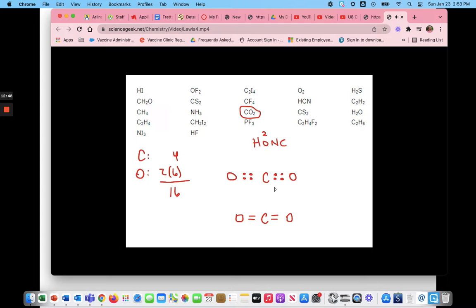Each oxygen in this drawing at this point has only the 4 electrons around it, and so we have to add 2 unshared pairs to each oxygen in order to complete the Lewis structure. Those could also be placed here in this drawing.